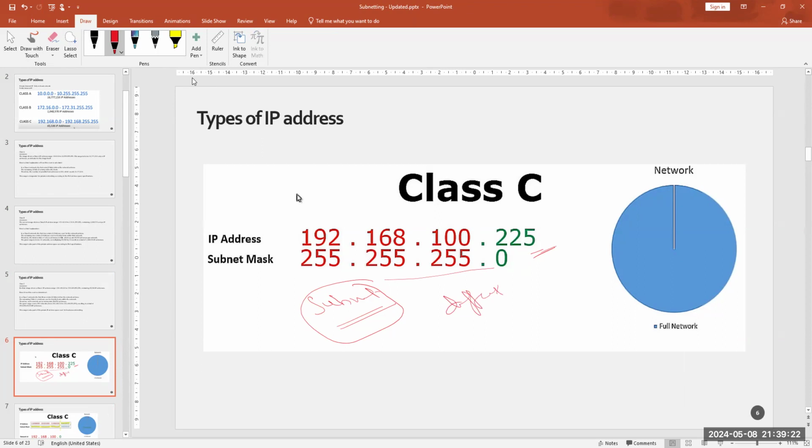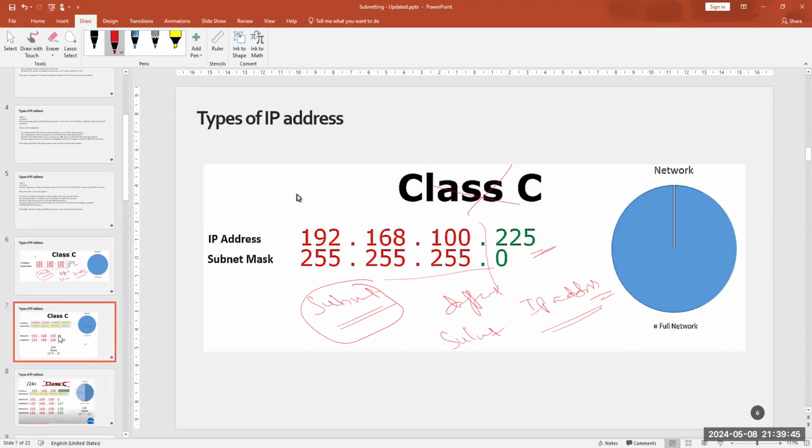So if I go over here to class C, we have already seen how many IP addresses I can create. But subnetting, if I am taking subnetting, then it is classless subnetting, right? We will see how to create subnetting over here.